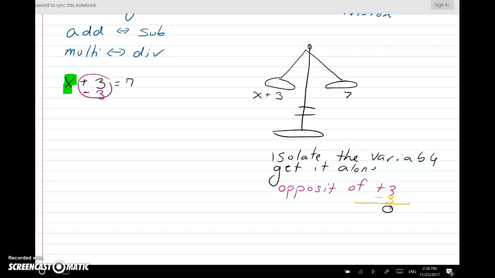Now, because this is a scale, we want to keep things balanced. So what we do to one side of the equal sign, we have to do to the other side. So we want to keep it balanced.